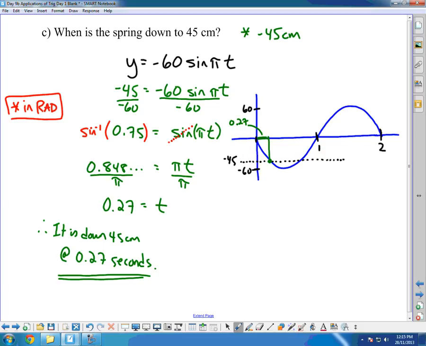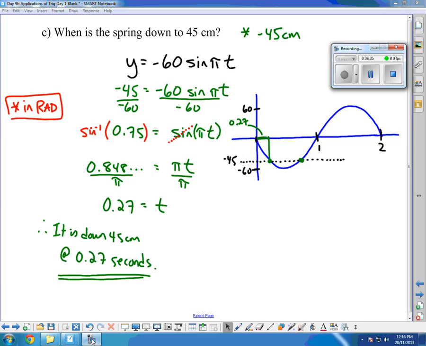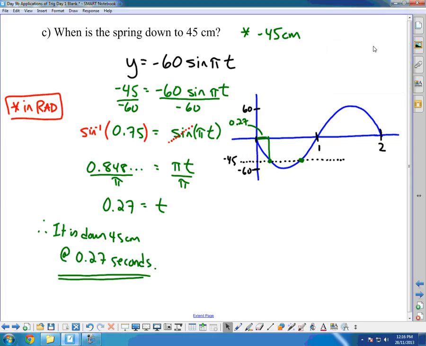What I'm curious about is where this spot is. How long will it take to get to that spot the second time it hits -45? Well, the good part about this is we understand that the sine curve has lots of symmetry.